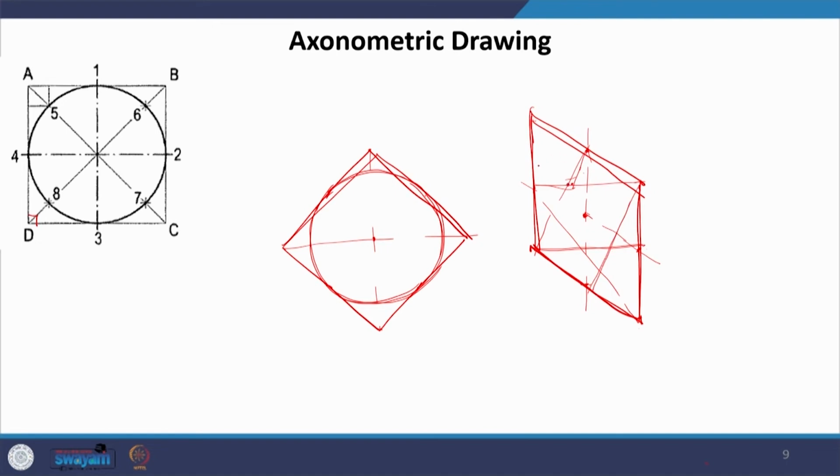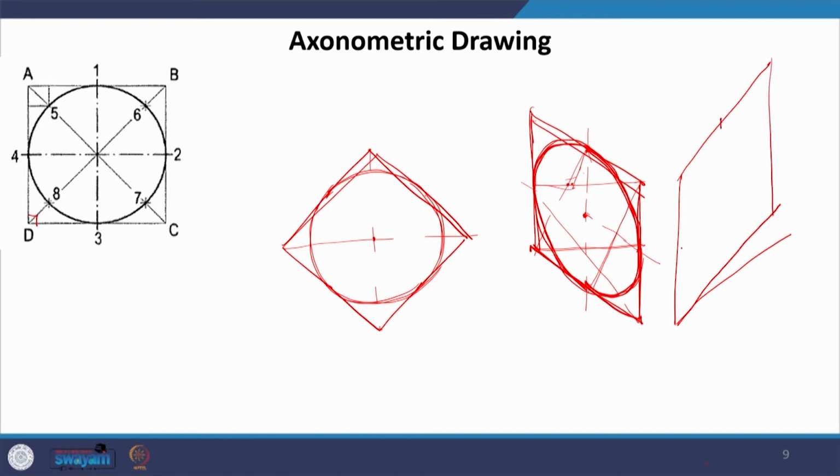The same procedure as we got for the isometric, using the same centers, and it will be an ellipse, which is what we will arrive at when we draw axonometrics too. It is just that the angle is slightly changed, and the same thing to the other side. We will get these 4 points, the midpoints.